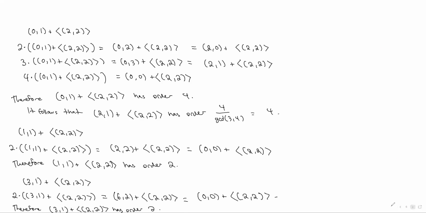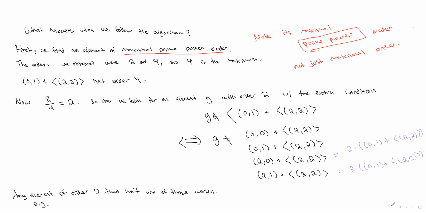Okay, so we could take (1,1) and (3,1). Those are our possibilities. So I should just write i.e., not example, because those are the only ones. And then after that, we're done.